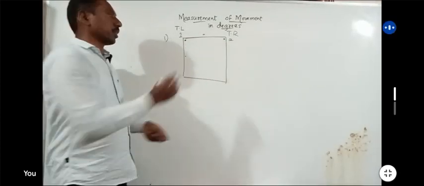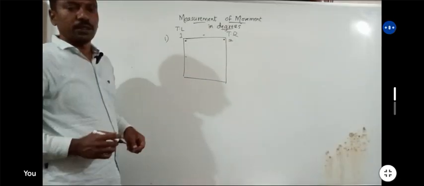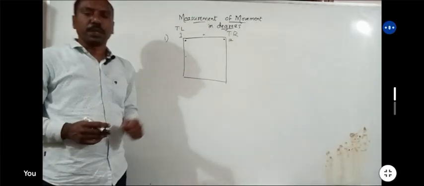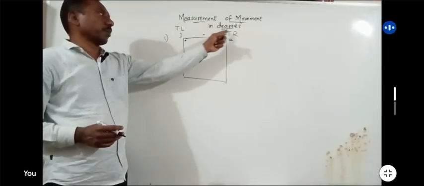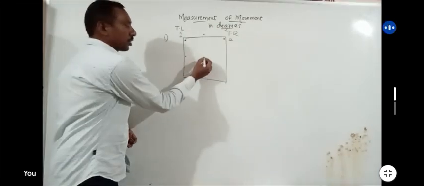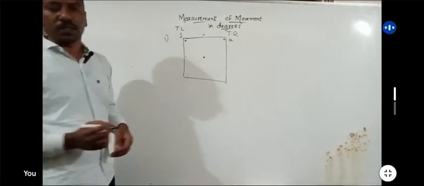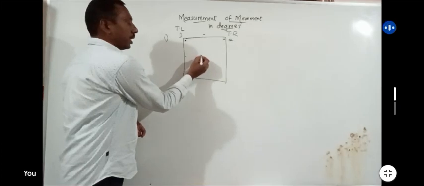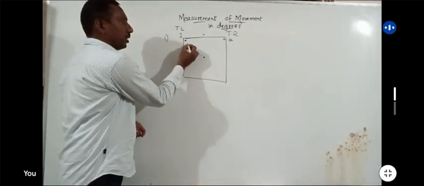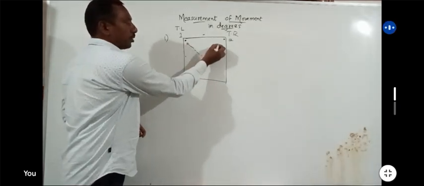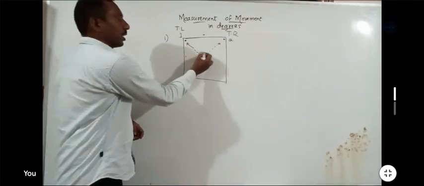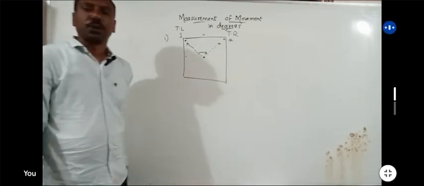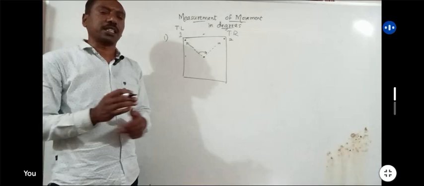In terms of arms, it is one arm movement. Now, let us measure the movement in terms of degrees. Let us mark the center of the square. Draw an imaginary line to the first position. Draw an imaginary line to the second position. An angle is formed. Can you try to guess this measurement?